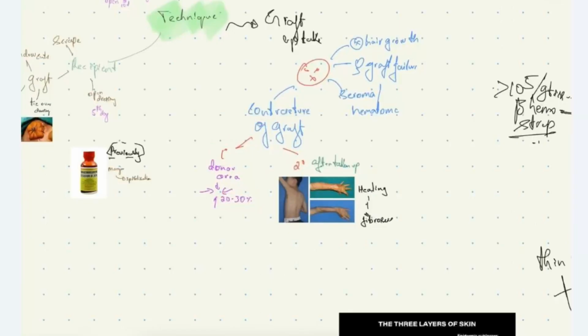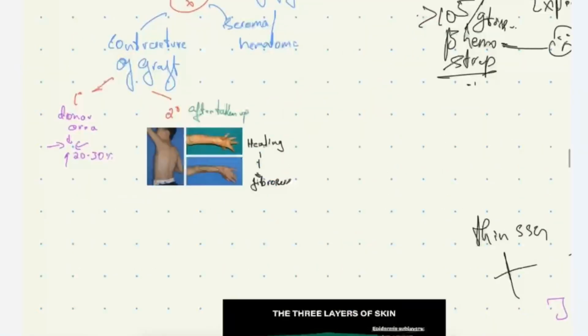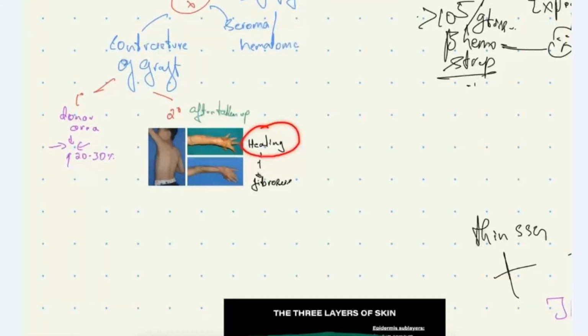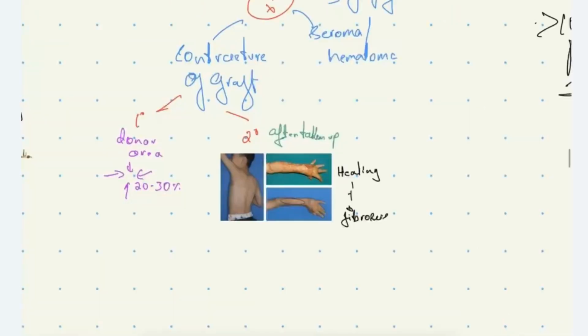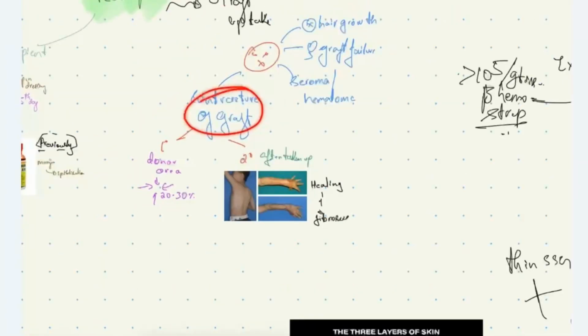Now, what is secondary contracture of the graft? After the graft has been placed in the recipient, due to healing, there will be fibrosis and contracture formation. This is about the contracture of graft, one of the complications of split skin grafting. There may be seroma formation and hematoma formation under the split skin graft.